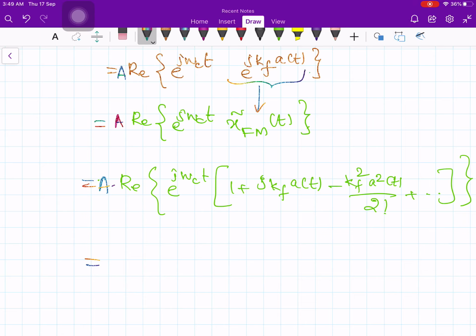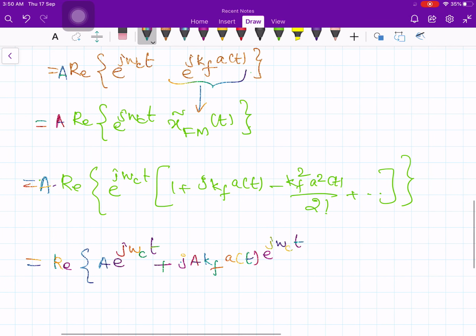This becomes the real part of A times e to the j omega ct plus j times A times kf times a of t times e to the j omega ct minus A by 2 kf squared a squared of t e to the j omega ct plus dots.